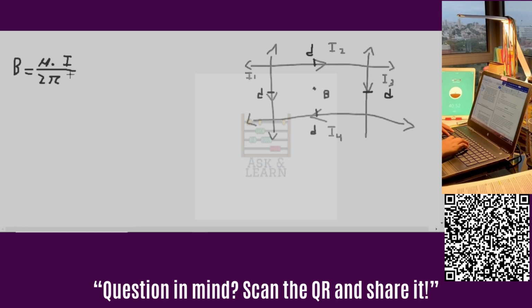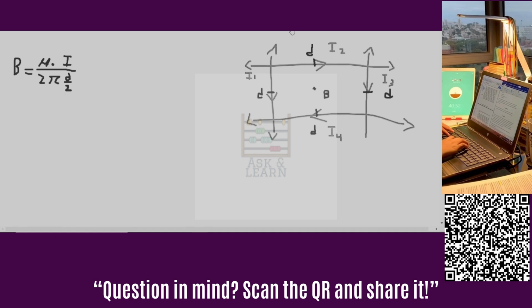So our distance here is d divided by 2. And we have this happen 4 times, but it's the same magnetic field in all 4 cases, just different currents, and it'll be the same distance.